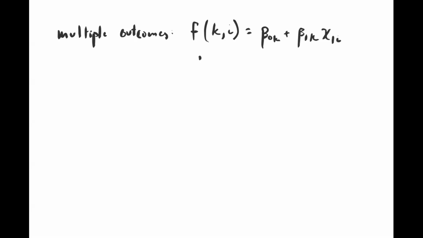And I can represent this more generically with a vectorized notation. Now the k can be greater than 2.